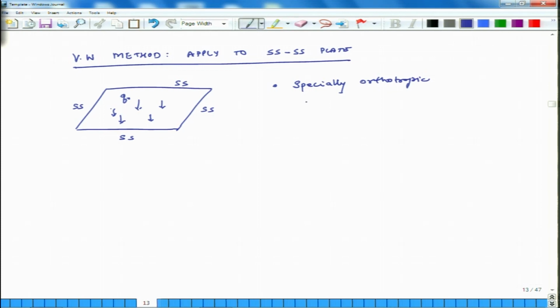so if it is especially orthotropic, it means A16 is equal to A26 is equal to D16 is equal to D26, they are all 0, and it is also symmetric. So, that implies the B matrix is a null matrix.